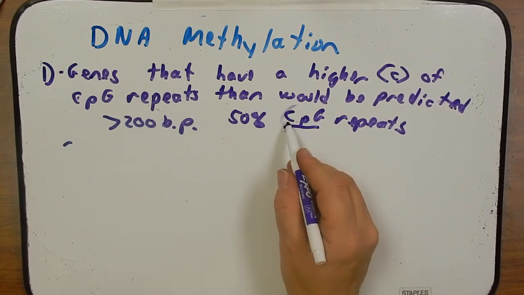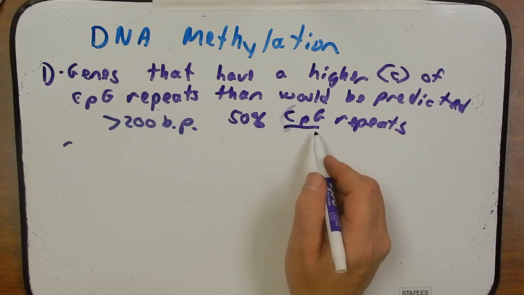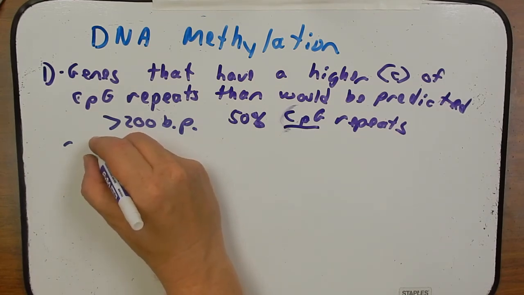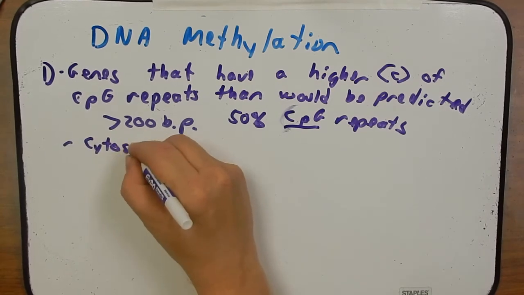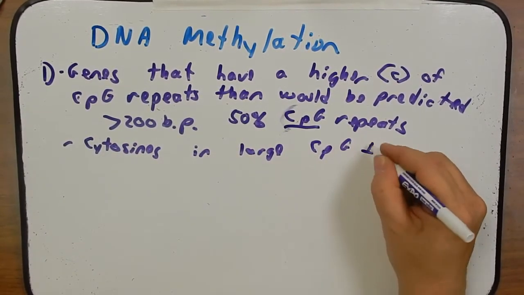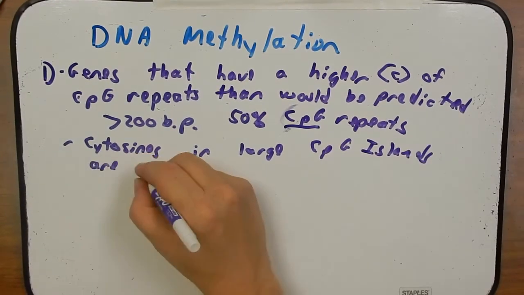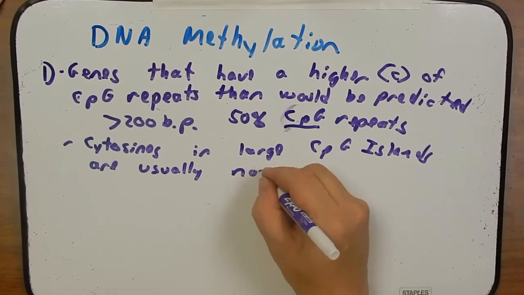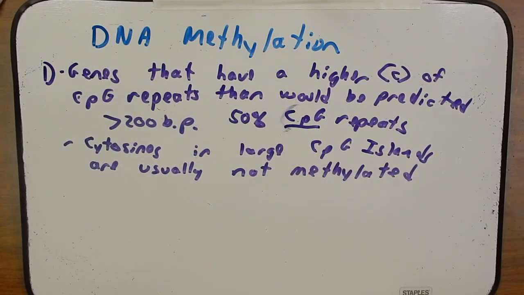Since cytosines in these repeats can be methylated, it was surprising to learn that cytosines in large CpG islands are usually not methylated. There are, of course, exceptions.